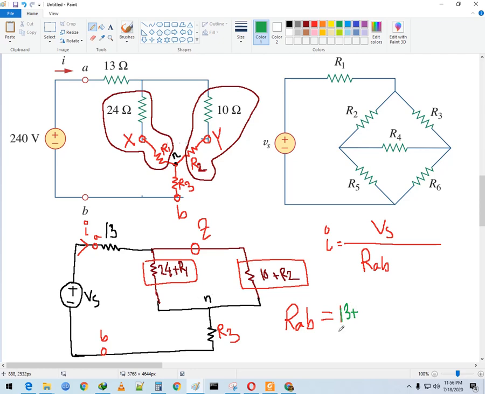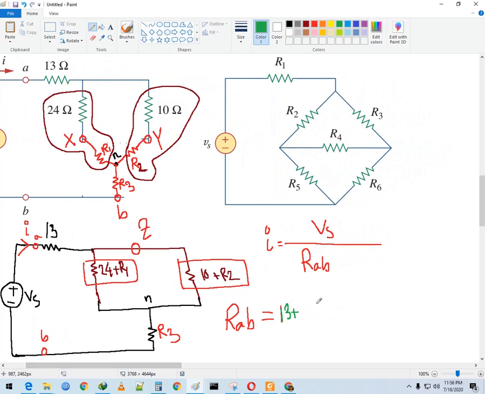So this RAB should be something like 13 plus 24 plus R1. We will write a slightly complicated expression right now. Complicated doesn't mean mathematically complex; let's not call it complex, because complex means something else. So 24 plus R1 in parallel, I'm just writing the expression, I'm not solving this problem, with 10 plus R2.